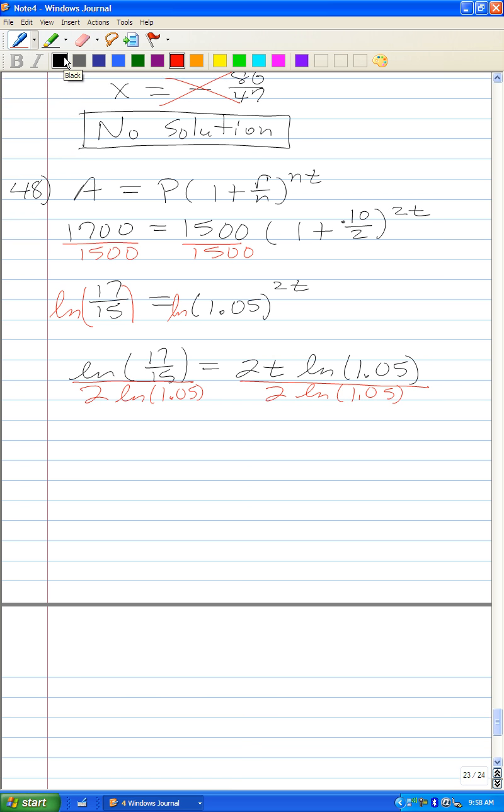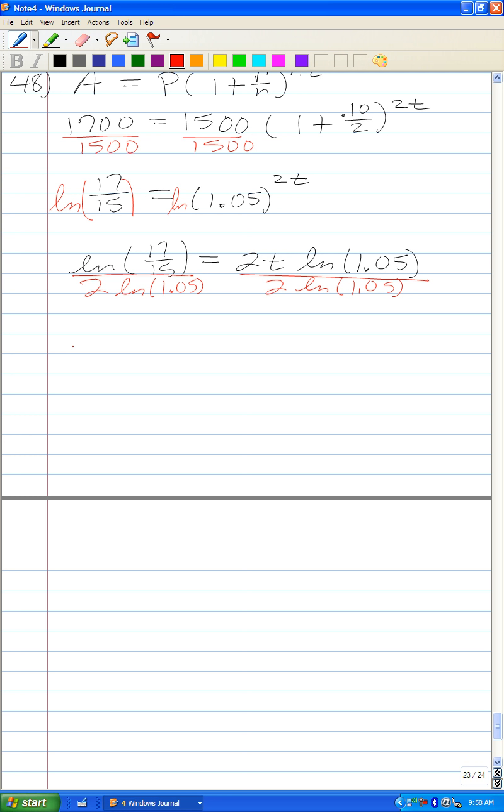And so I have here that t is equal to ln 17 over 15 divided by 2 ln 1.05. And that is your answer.